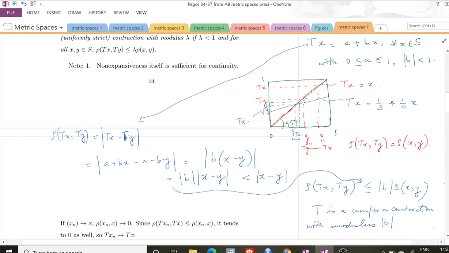Okay, so notice that when you have this kind of contraction where the absolute value of b is less than 1, and you take any pair of points x and y, then the distance between Tx and Ty gets squeezed between this distance. Okay, so the distance Tx Ty is less than or equal to the distance xy.